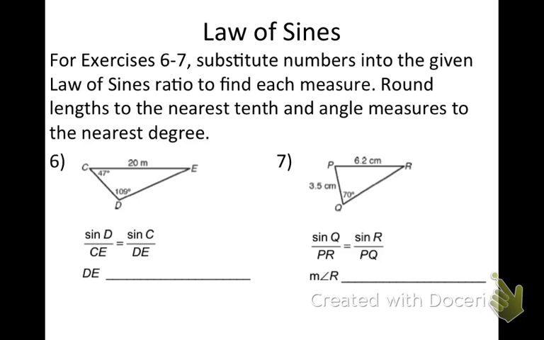All right, let's start walking through this here. So number 6, how would you set up number 6 using proportions? Jack, how would you set that up? So the sine of 109 over 20 equals? Nice job. So sine of 109 over 20 equals the sine of 47 over x.